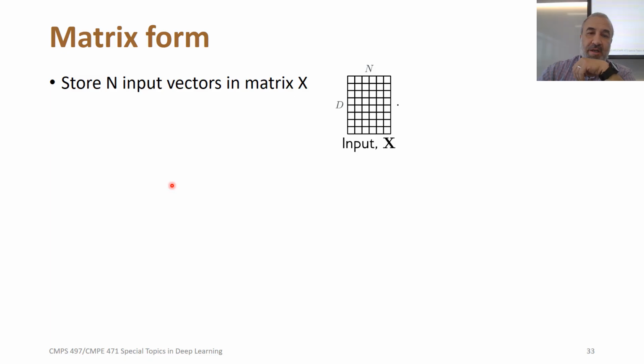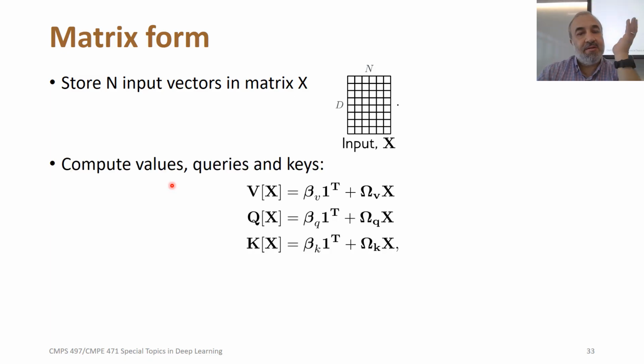And this is in equations. Again, values, queries, keys, applying the weight matrix and bias. And notice here there is no activation function. It's just linear.